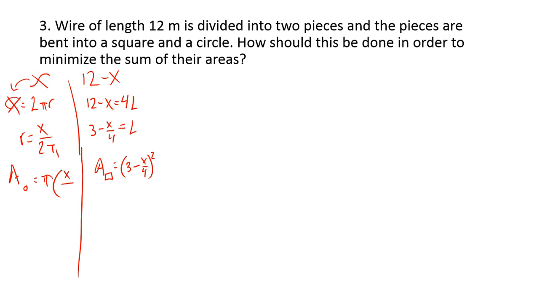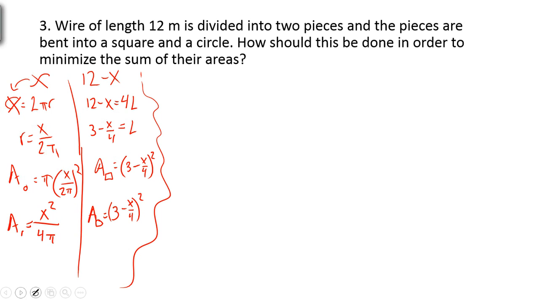So we'll plug in what we got for r and then square it. That means we have x squared all over 4 pi is equal to the area of the circle. And the area of the square, we're going to keep as this 3 minus x over 4 squared, because it's going to be a little easier for us to do the derivative of that.